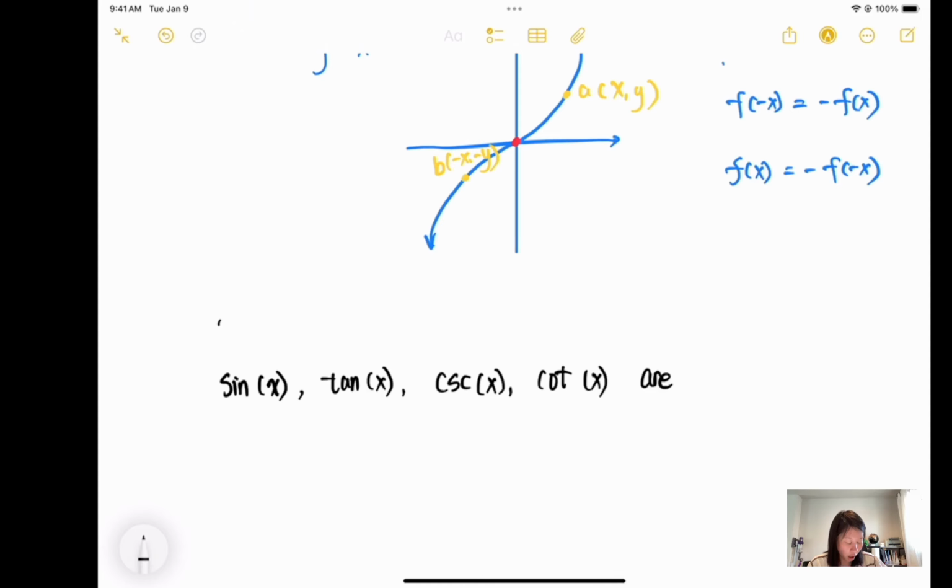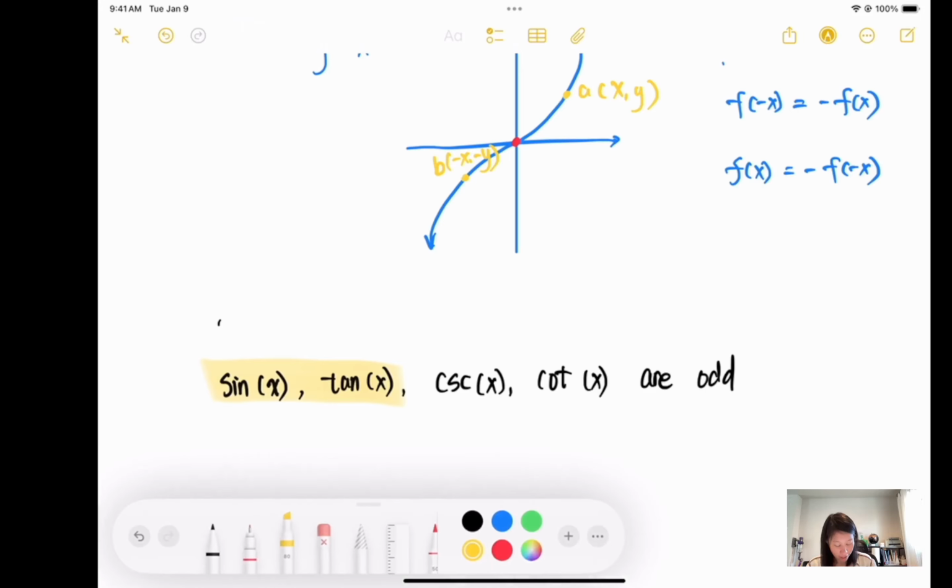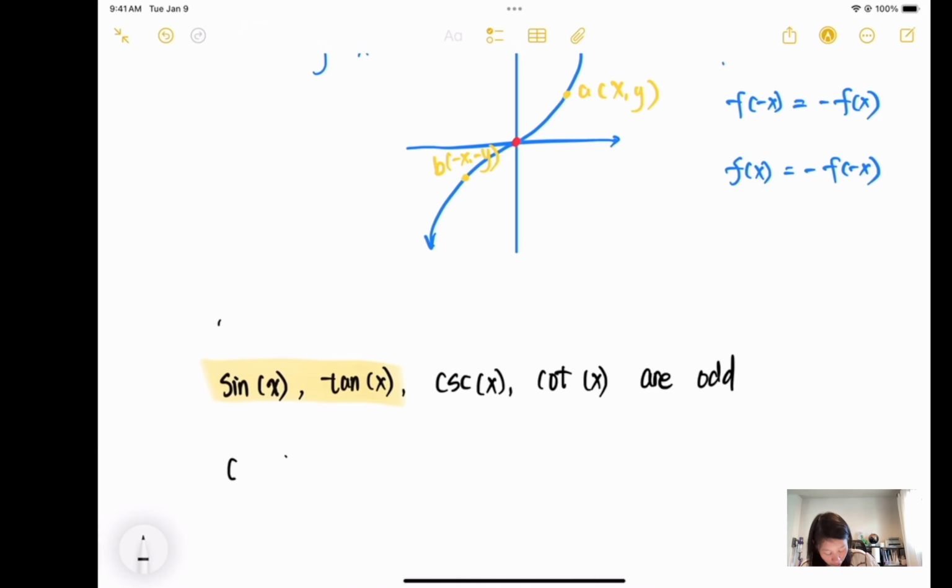These four are odd functions. In fact, all you need to remember is sine and tangent, because the reciprocal functions are the same. The only even function is our cosine function. If you have a cosine function, that means the secant function is the same, an even function.